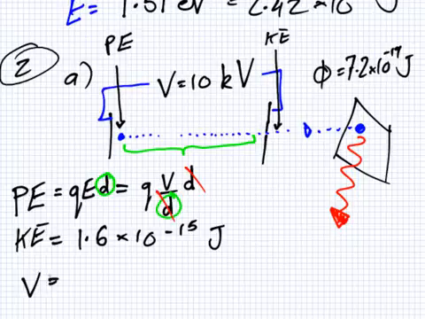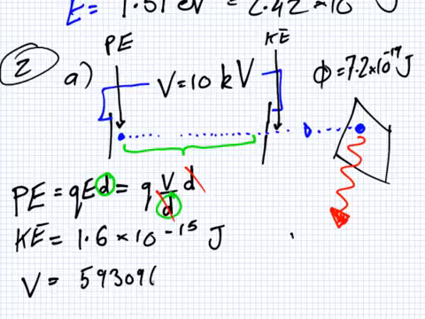Half mv squared is this, so if you multiply by 2, divide by the m of an electron, and then square root the answer. So the v is 59,309,698 meters per second.